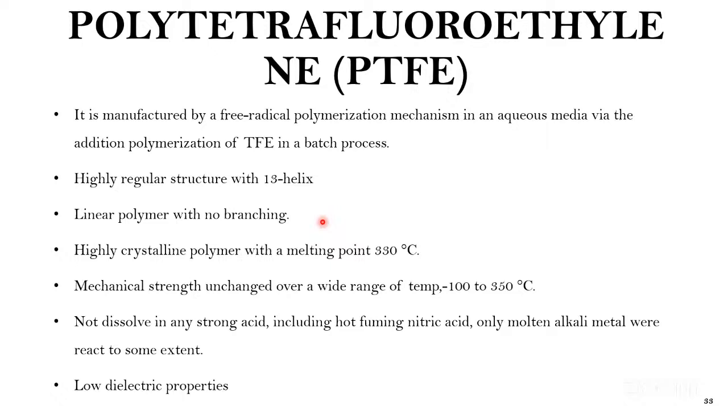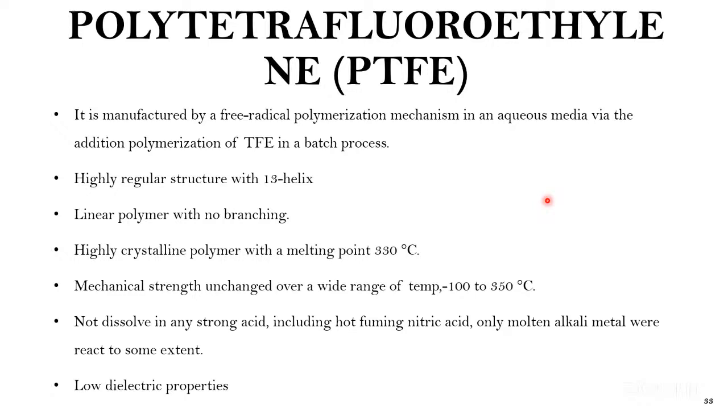See, I gave a range because the melting temperature will reach around 330 degrees Celsius, but it has a range, like 330 to 380 degrees Celsius, for the Teflon melting temperature. So it will not directly convert into a viscous fluid.